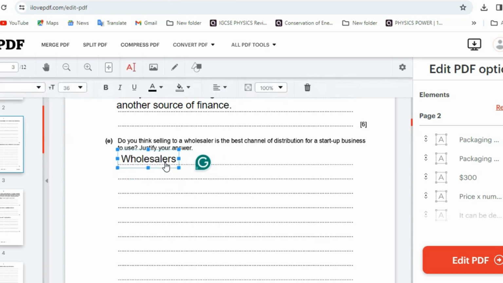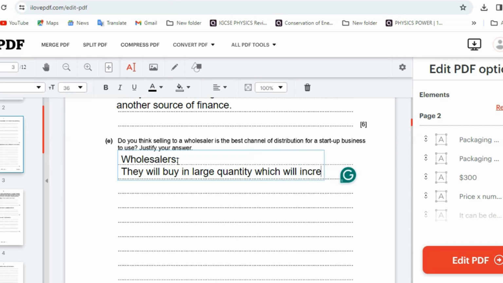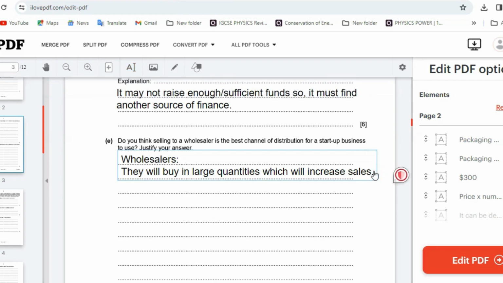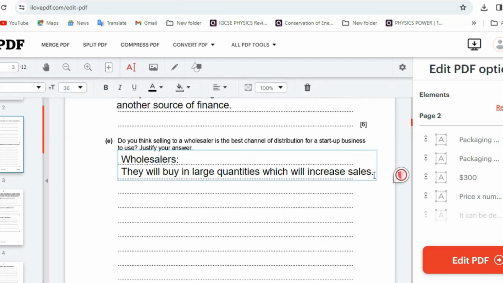The first one is when the business is selling to the wholesaler, they are likely to buy in large quantity, which will increase sales. And when there is an increase in sales, of course, they will have a lot of revenue. And the second point is, a wholesaler can also hold less inventory.